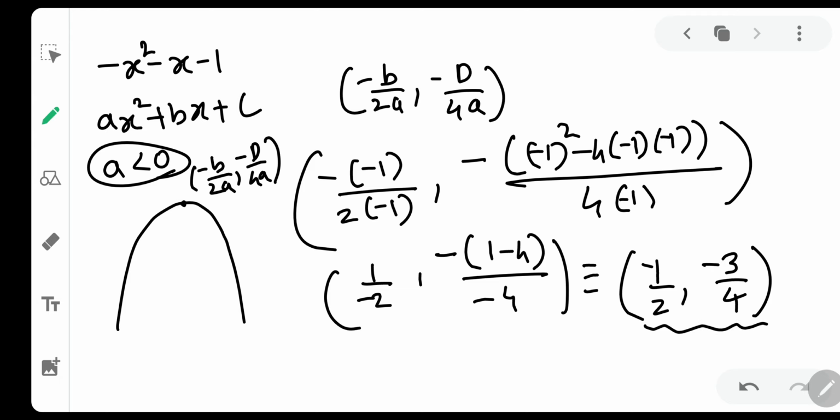So basically these are the apex points. Let us check it once again so as to not commit any mistake. b is minus 1, so minus minus will be plus 1, over 2a. b square is 1 square, minus 4ac, so 1 minus 4 is minus 3. Yes, minus 3 by 4 and minus 1 by 2. These are the apex points, and the graph will face vertically downwards because a is less than 0.